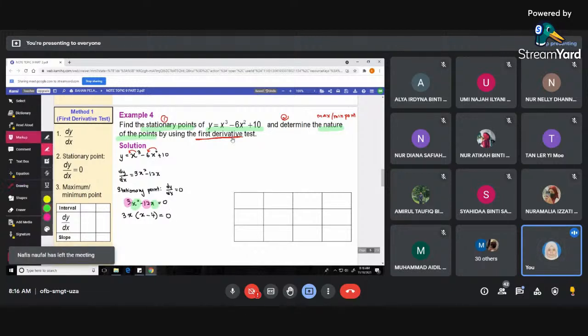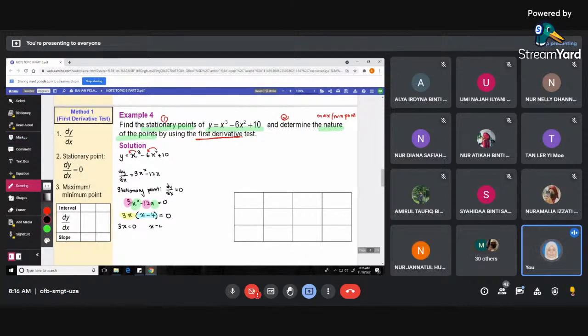So now we can see 3x, they have 2 values of x. 3x equal to 0. The second one, x minus 4 equal to 0. So x equal to apa? Cuba teka.